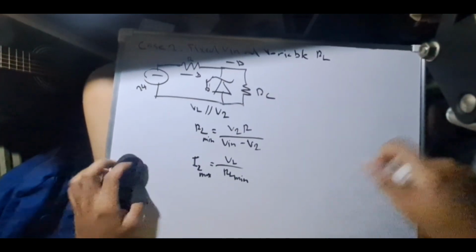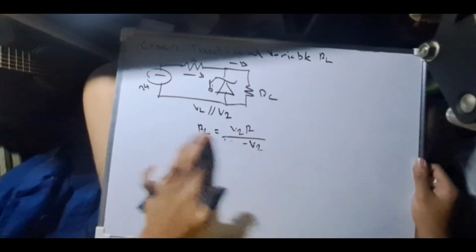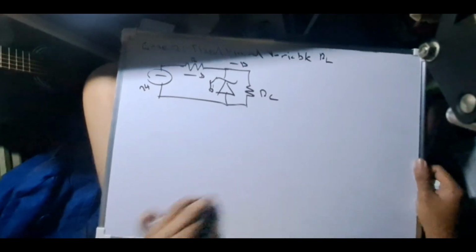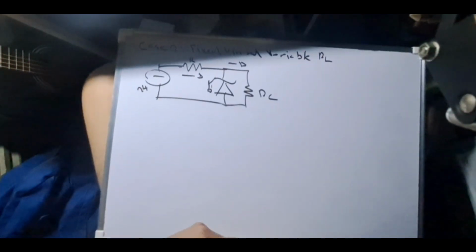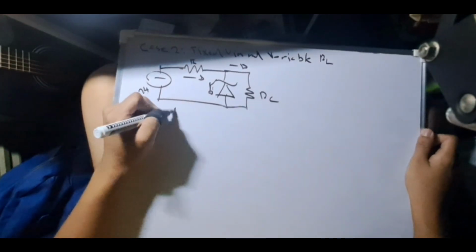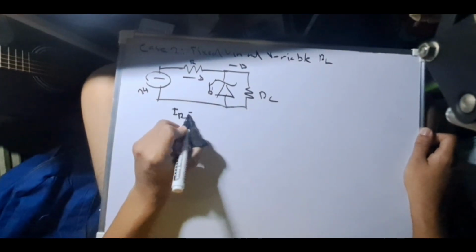Another thing about the proportionality in case 2: there are so many proportionalities, but let's denote that IR is constant all throughout.